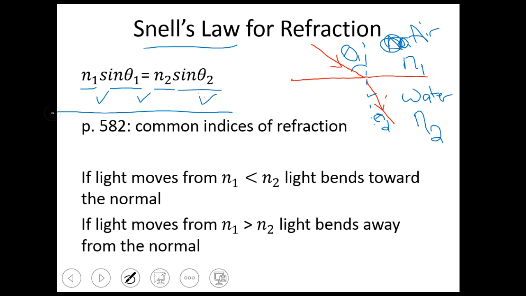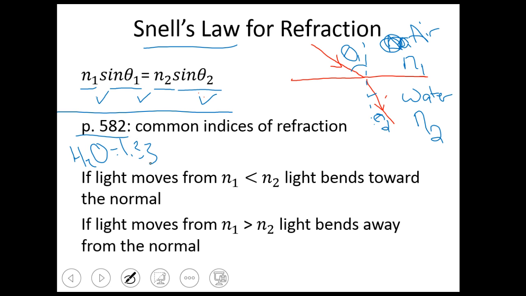And okay, well, what is this going through? Page 582 has these common indices of refraction. When you go to page 582, up in the upper left there is a table. If you look at that table and I ask, what is the index of refraction for water? Well, water, H2O, is 1.33.